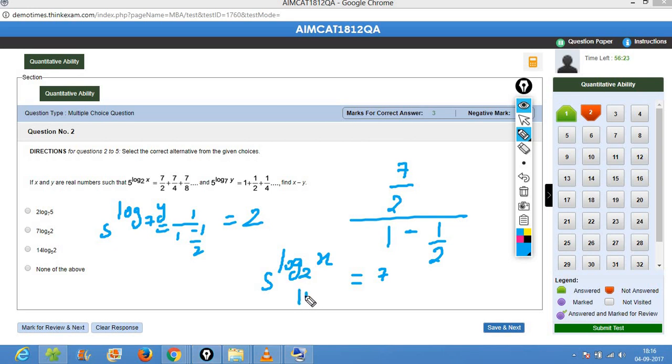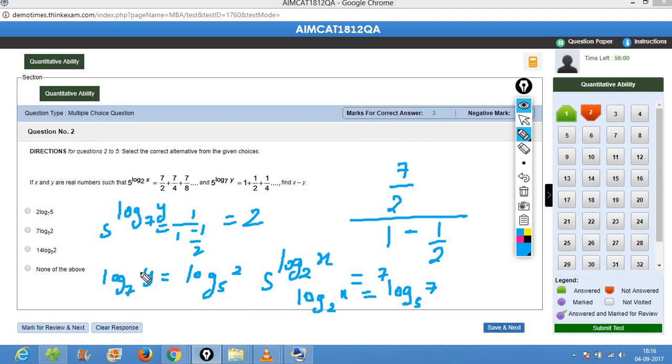Okay. So what we can say, first for this part, if I take log on both sides, log 2x, log 5 7, in this log 7y is equal to log 5 2. Okay, this is equal to this one, this is equal to this one.